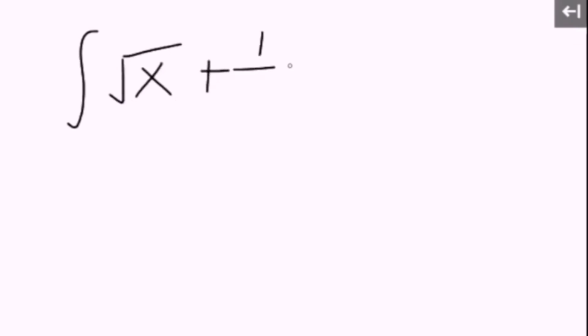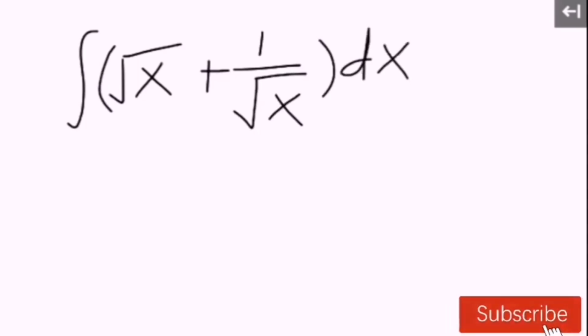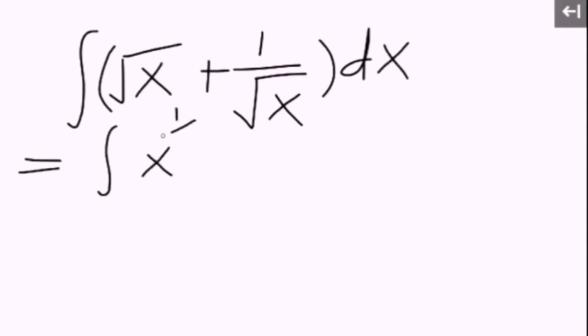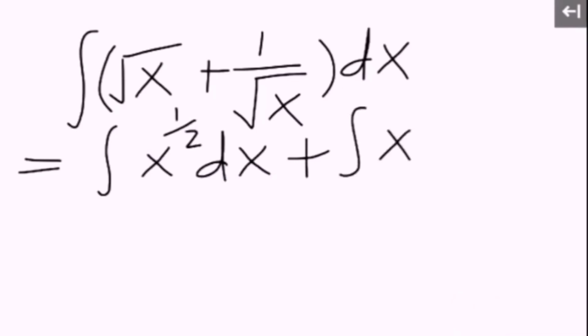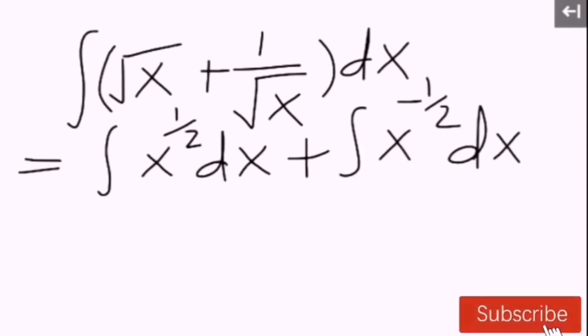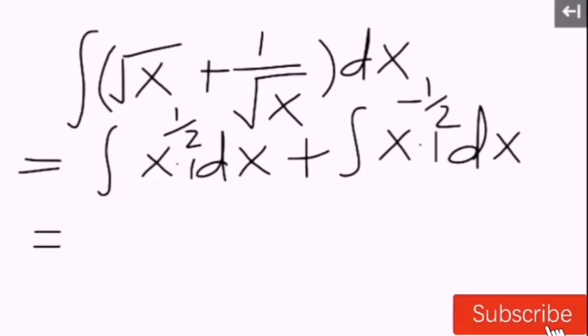Integration of (square root x plus 1 by square root x) dx. We first write these x with power 1 by 2 and we separate the integration sign also, x power minus 1 by 2 dx. Now, as the derivative of x is written with it, 1, we can consider 1 in product. So that allows us to write its integration.